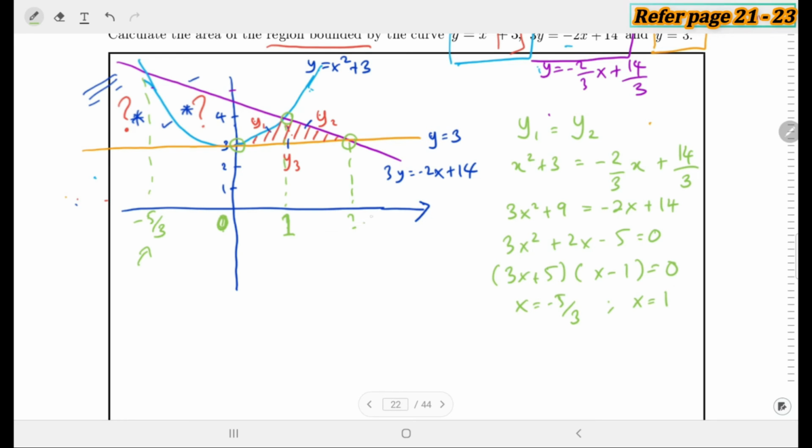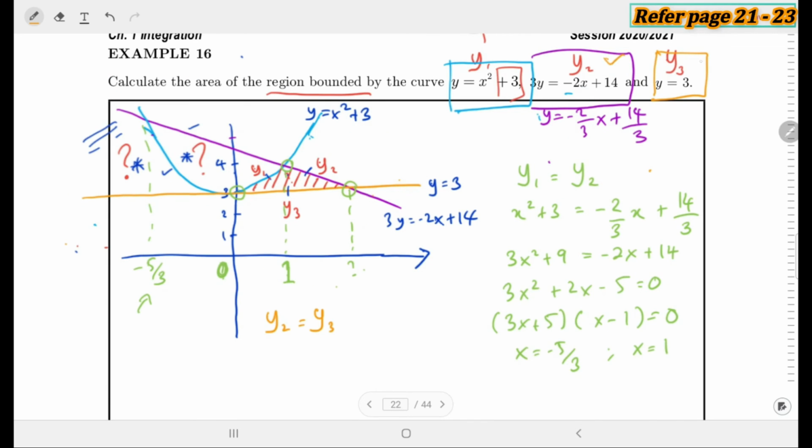And then for this part, we use the orange color to find this intersection point. We're going to equate the purple and the orange, so y2 equals y3. y2 is negative 2x over 3 plus 14 over 3. y3 is 3.